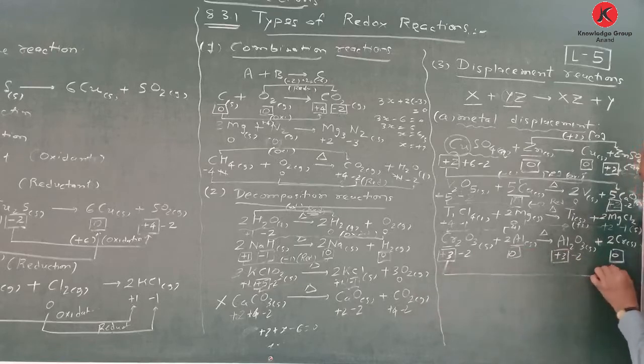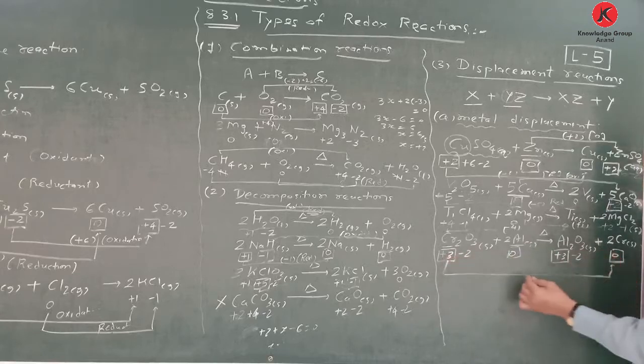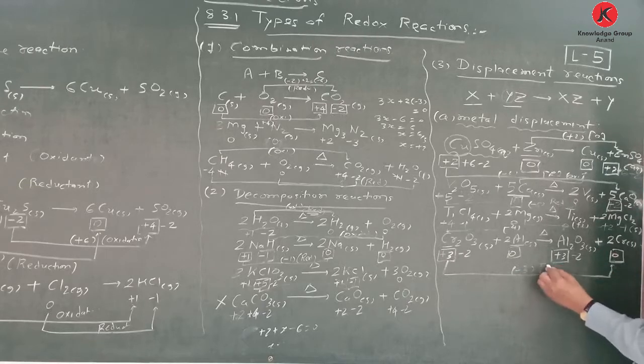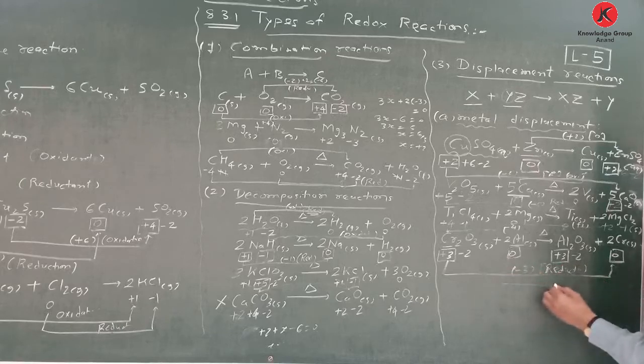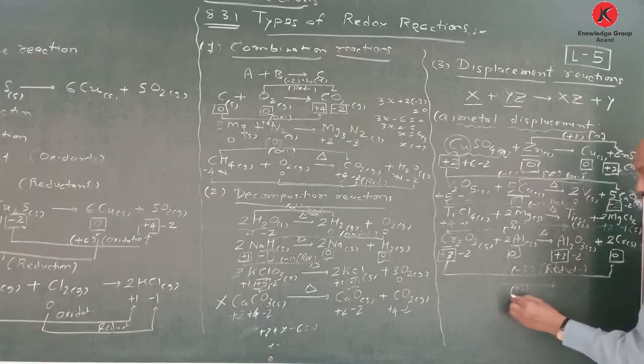That means plus 3 to 0. It is decreased, therefore by minus 3. That's why it is considered as which reaction? Reduction reaction. And 0 to plus 3 indicates plus 3, and therefore it is considered as which reaction? Oxidation reaction.